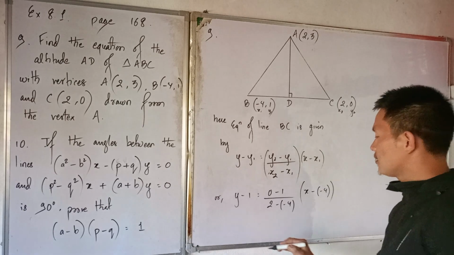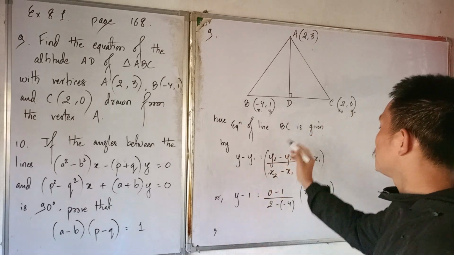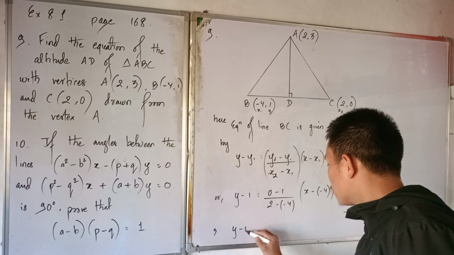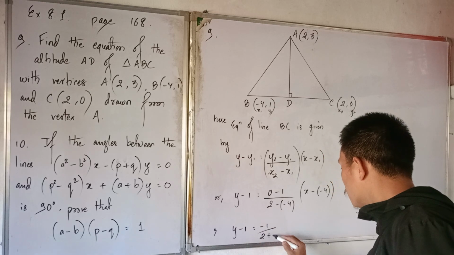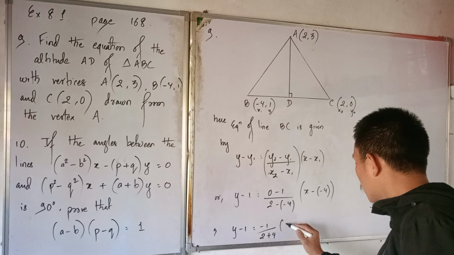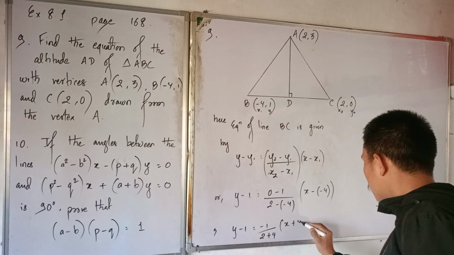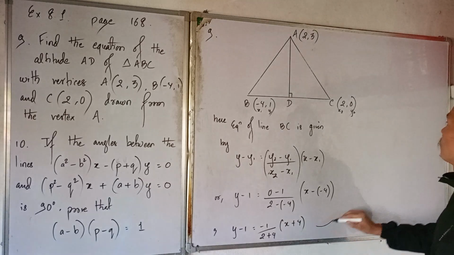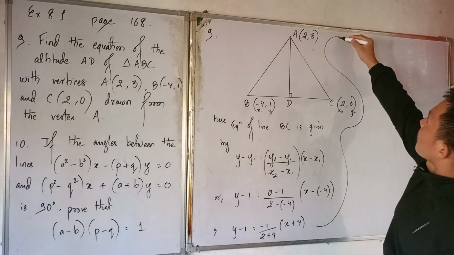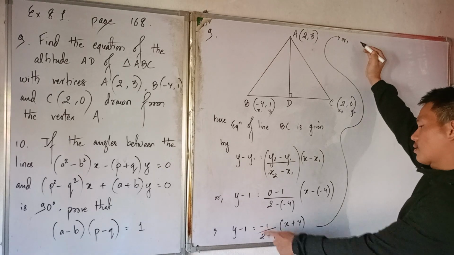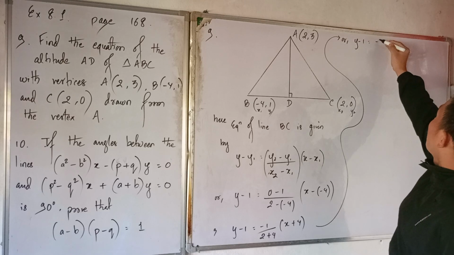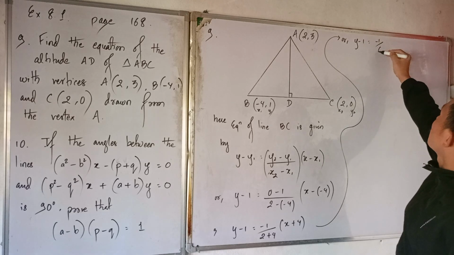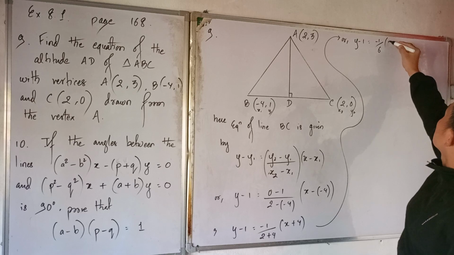Now simplify this to get the equation of line BC. y minus 1 equals minus 1 divided by 2 plus 4, times x plus 4, or y minus 1 equals minus 1 by 6 times x plus 4.